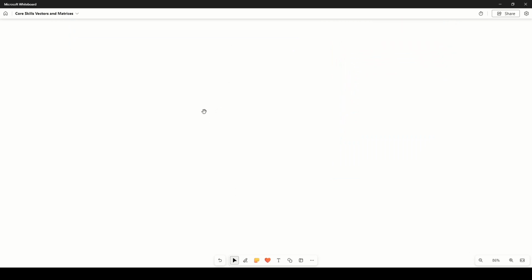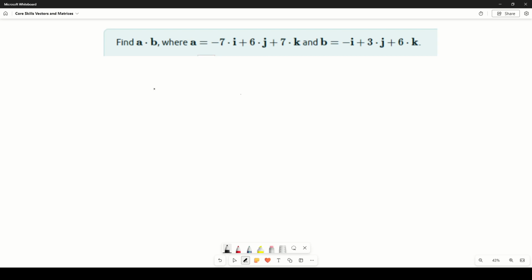All right, so now heading on to the next question. So now we're introduced to this new concept. Until now, we were working with diagrams, and now all of a sudden there are letters. So now I will introduce you to why we have these i, j, and ks.